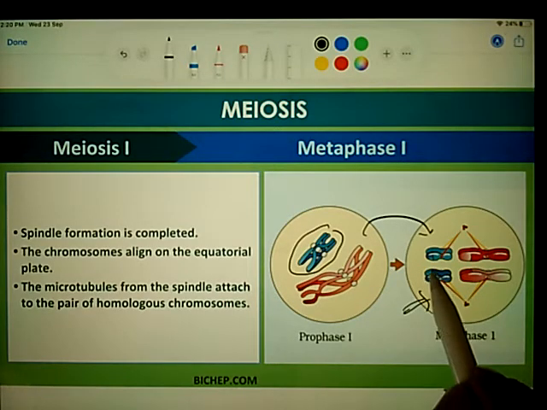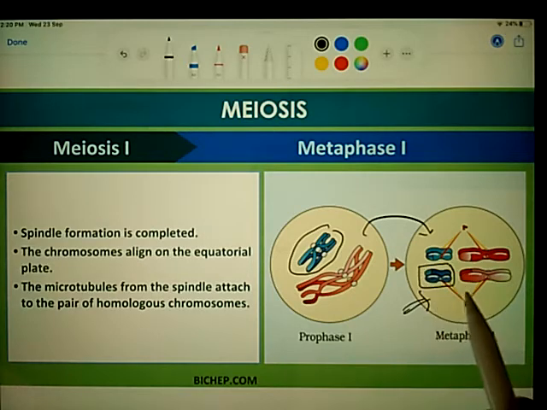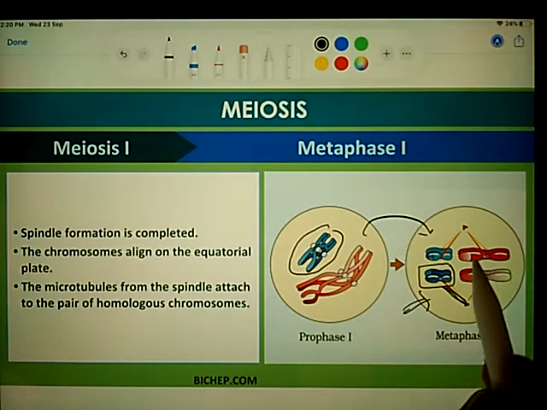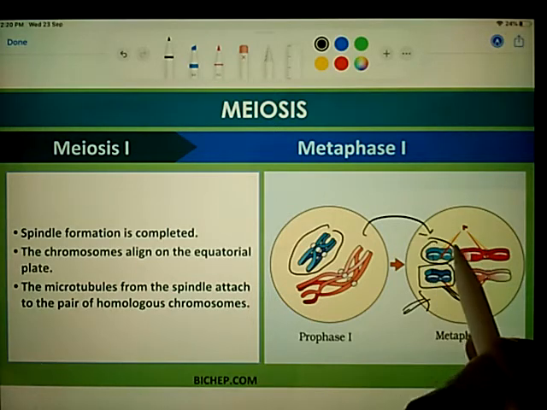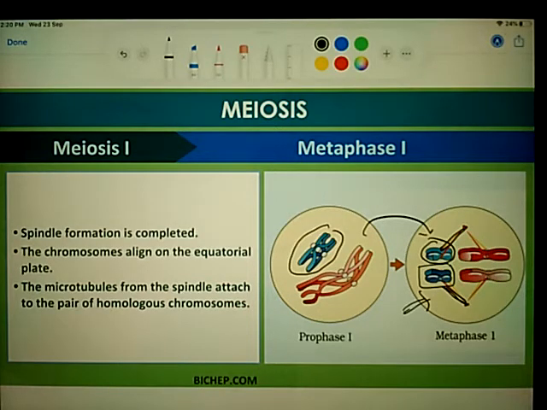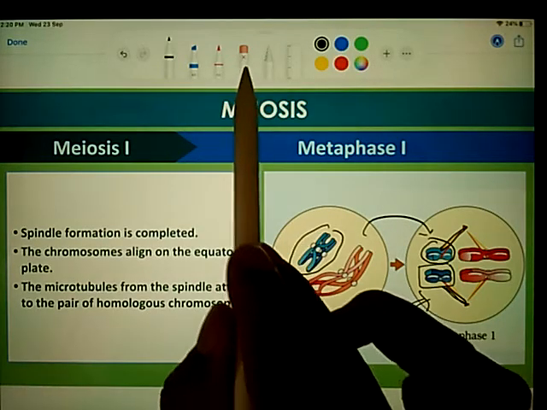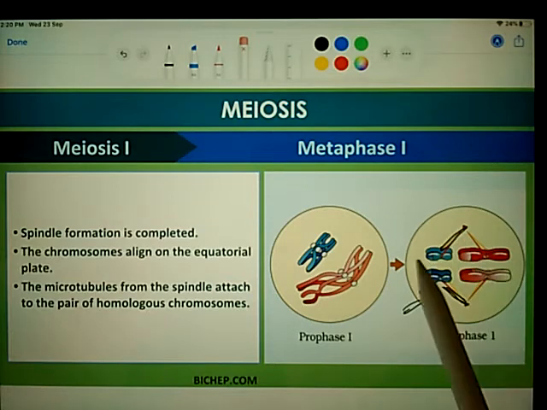One chromosome is attached toward the south pole and the other toward the north pole spindle fibers, as we just discussed.